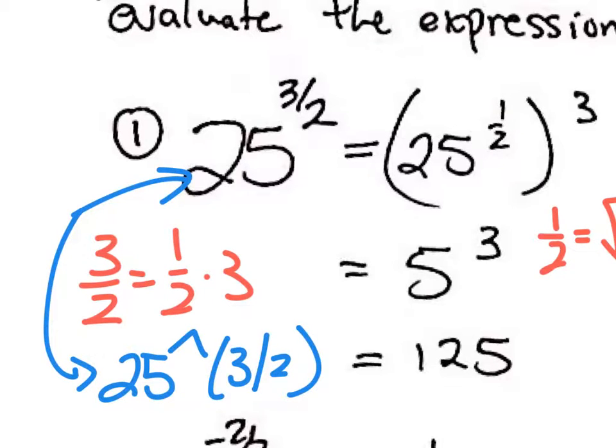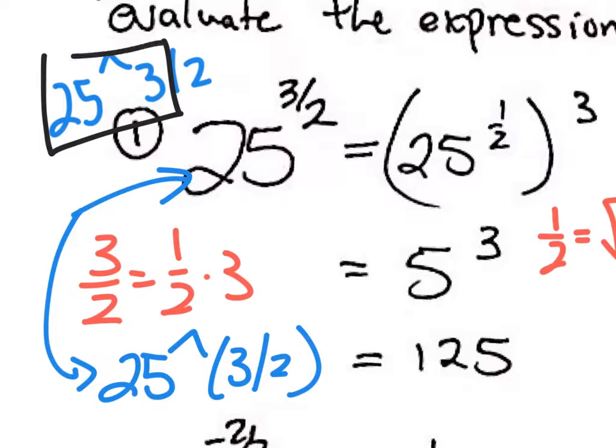If you were to just type in 25 to the, and then 3 divided by 2, it would give you some huge number. The calculator would do 25 to the third first, and then divide that answer by 2. So that would be incorrect for typing it into the calculator. This would be correct.